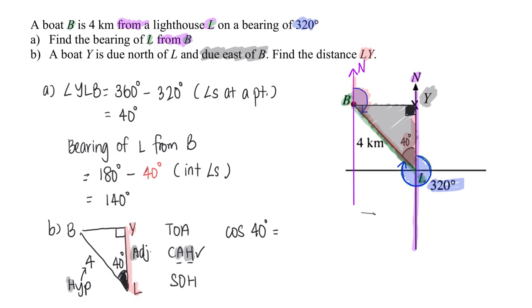My LY over 4. Thereafter, I just need to multiply 4 by both sides. Then I will be able to get my answer for LY.